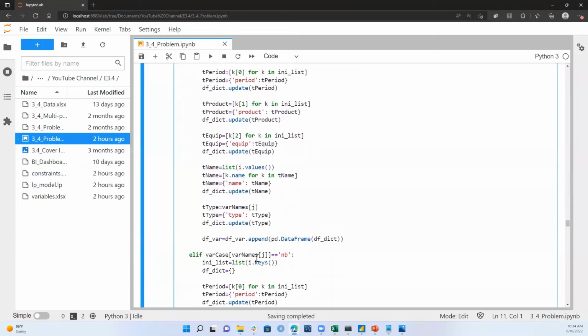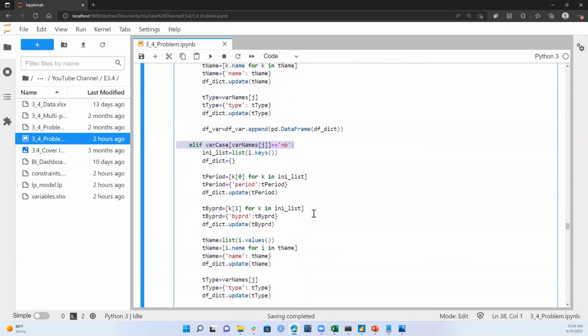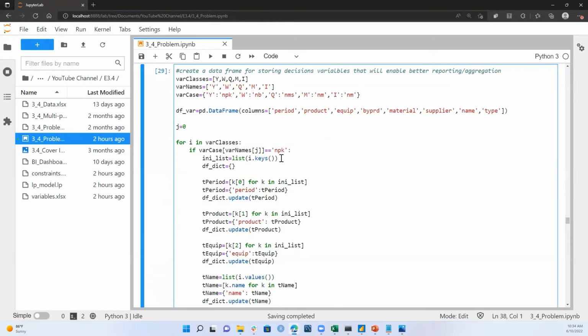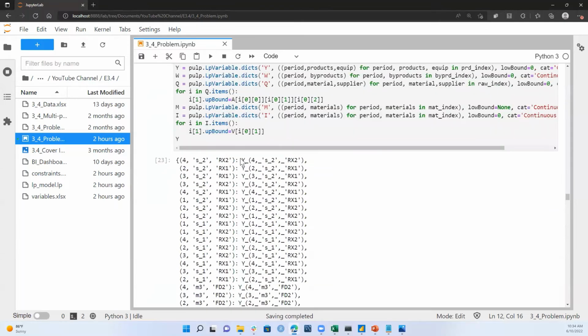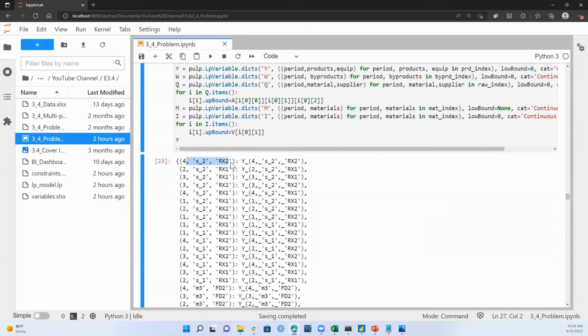Once we find the correct case, depending on the type of variable class, we're going to take the keys from that variable class and put them into a list called initial list, or ini underscore list. This list is actually going to be a nested list. So for y, we're going to have a list for each of these keys. The first element in that list will be for s underscore 2 rx2.